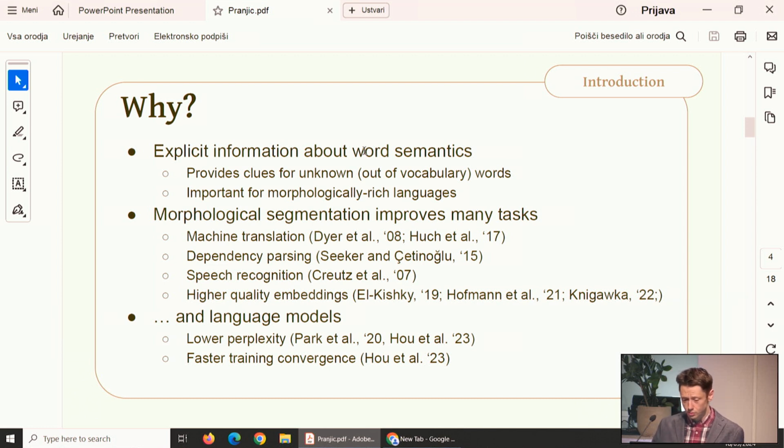It has also been shown that morphological segmentation improves many tasks in natural language processing, and just by including this morphological segmentation we get extra accuracy basically for free. It also improves training of large language models that are now a cornerstone of natural language processing.